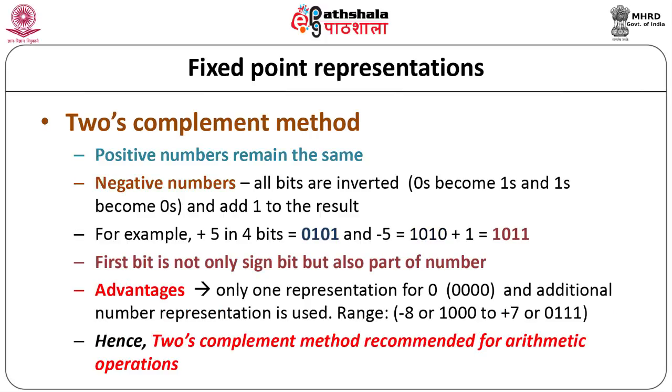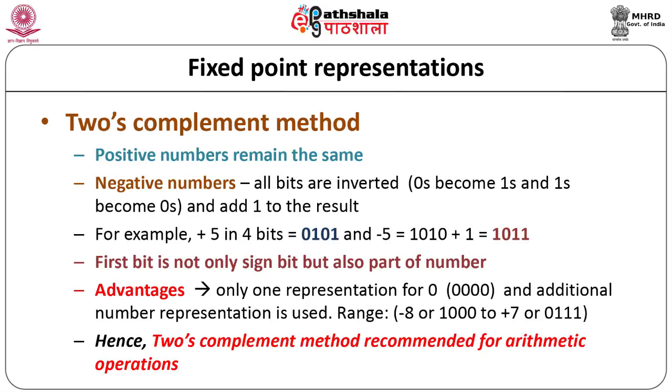Finally, let us discuss how the twos complement method is used for representing signed numbers. The positive numbers remain the same and for negative numbers, all bits are inverted, zeros become ones and ones become zeros, and add 1 to the result. Let us now see some examples.